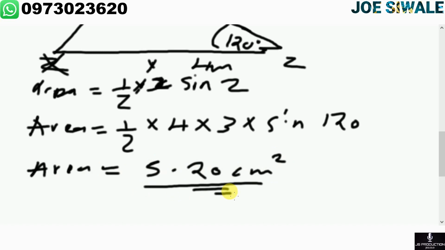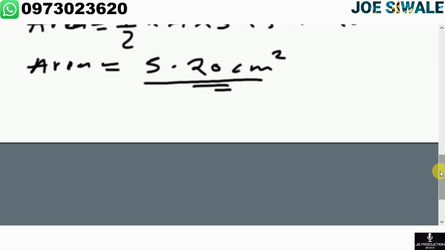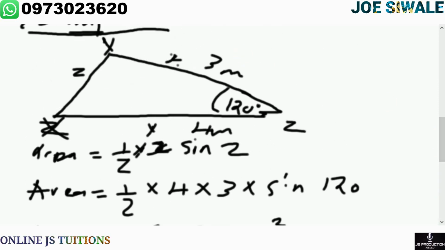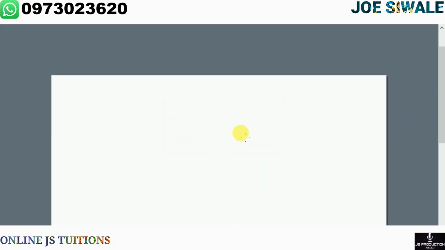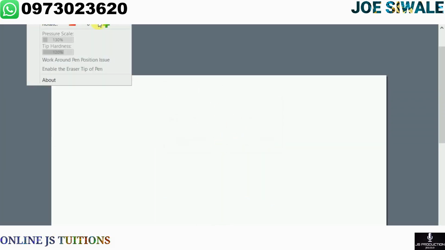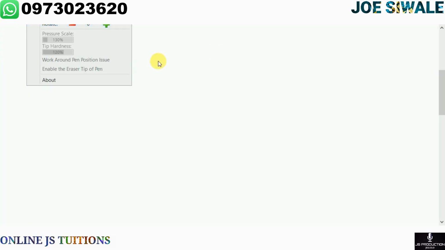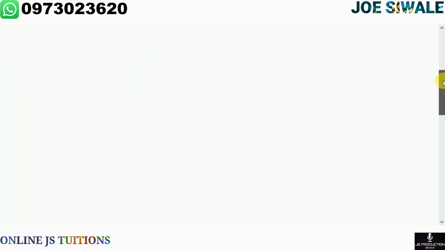Let us look at the other example. So example 2, the non-right angled triangle is in this form.